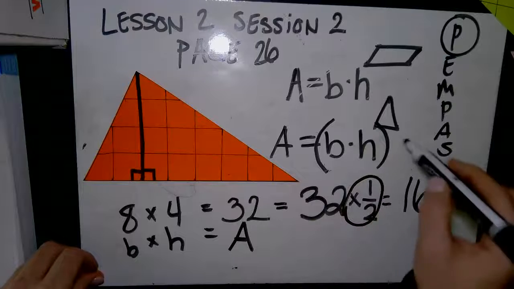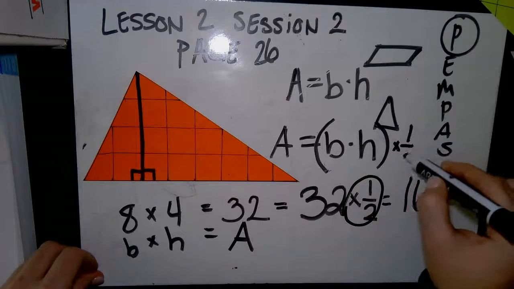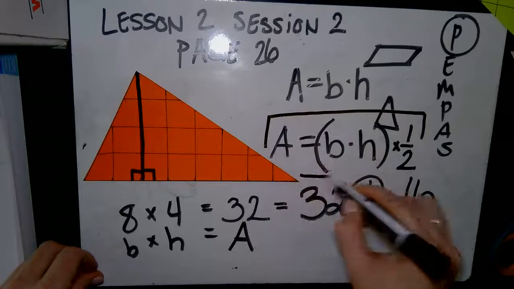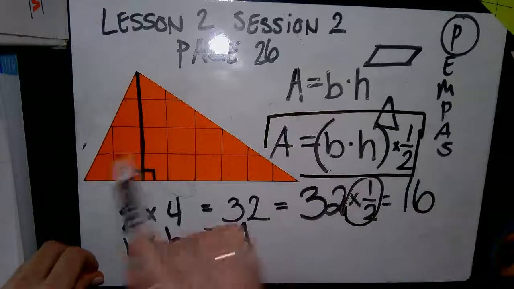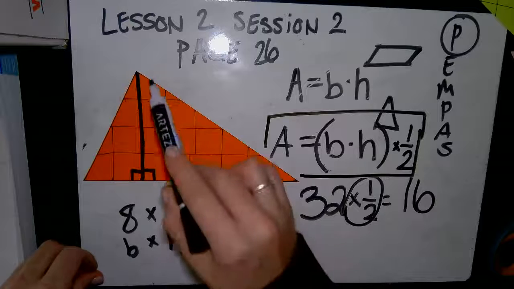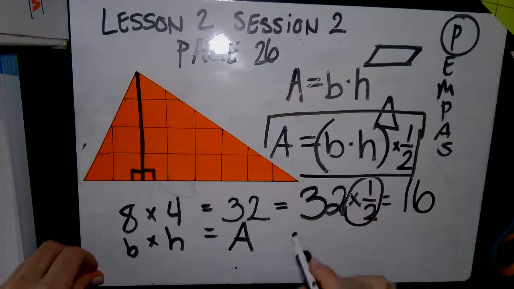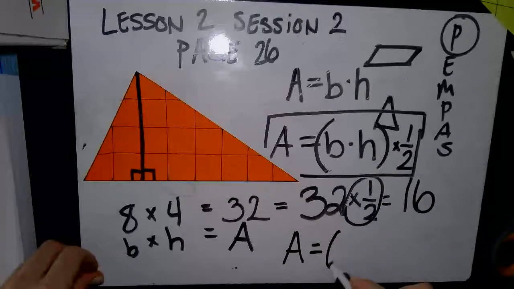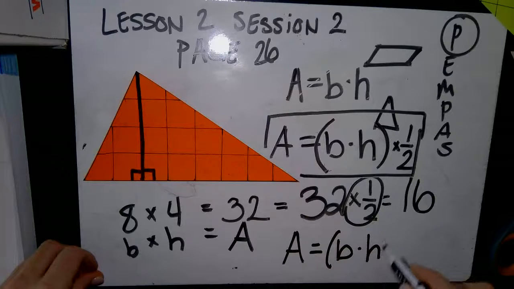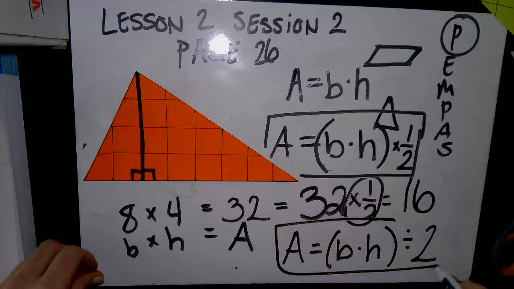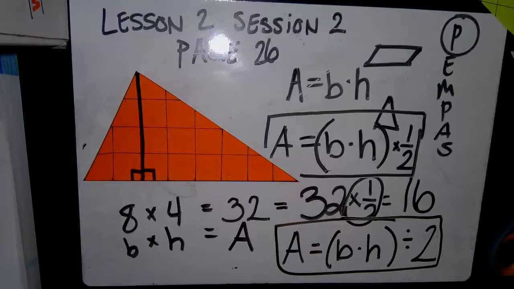We multiplied by 1/2. So there's your expression for the area of a triangle. Base times height times 1/2. Another way to write this is base times height divided by 2. See me for questions.